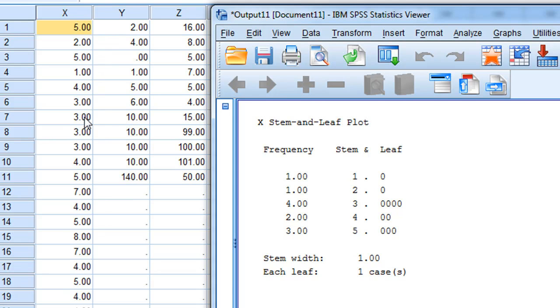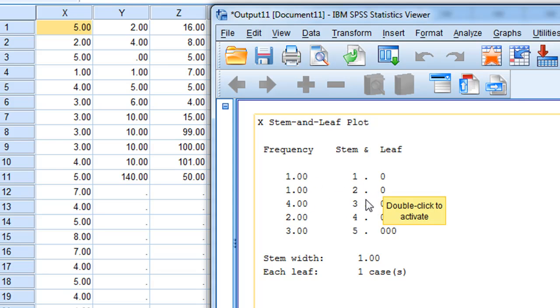Well, it corresponds to the number 1 right here, because the stem width is equal to the unit. And when I look at the 1 here, this is the unit. There's nothing before it. There's no 10 before it. There's no number before it. So the way to interpret this first line is that this is equal to the single 1 in the data.